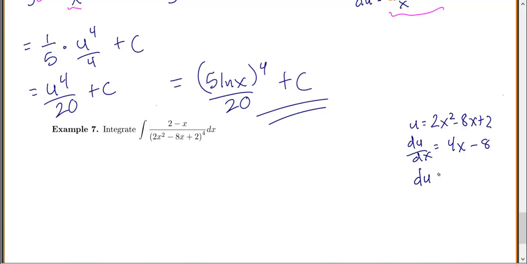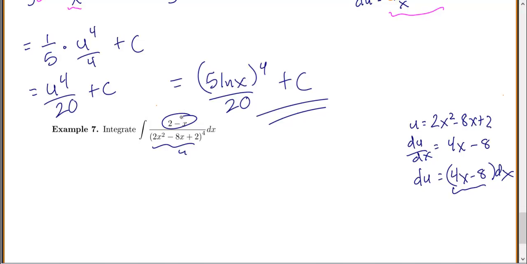And so the derivative of u, or du, should be 4x minus 8 times dx. So when I come over here, this is my u, but do you see du? I only see a 2 minus x. And this is 4x minus 8, and those are not the same. However, they are fairly similar.